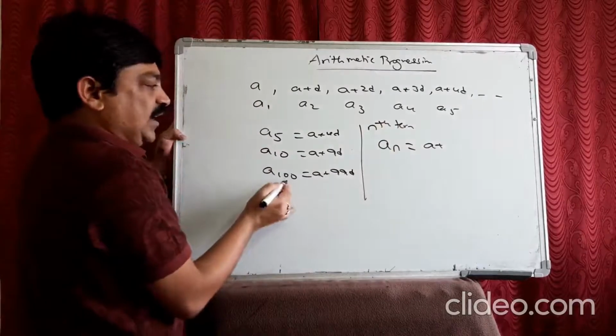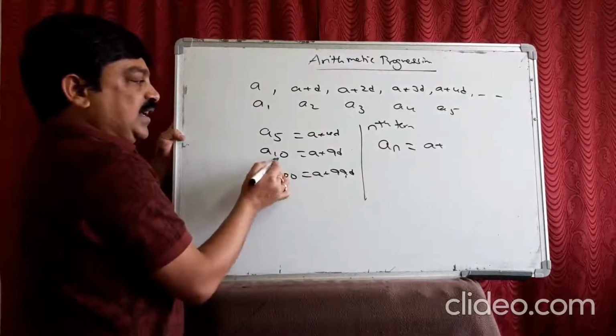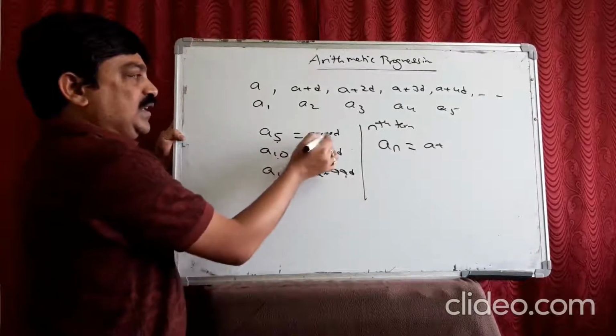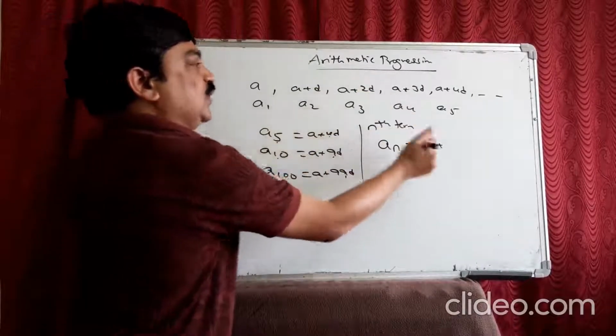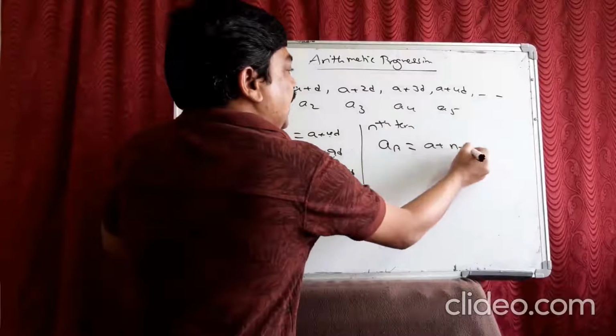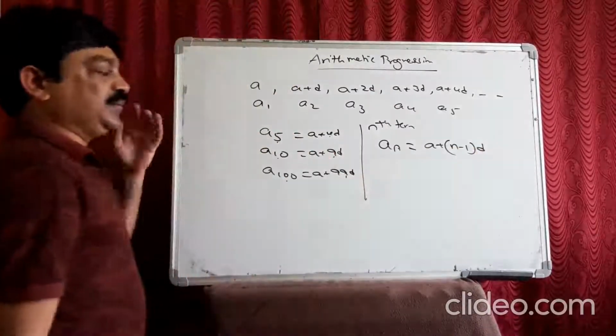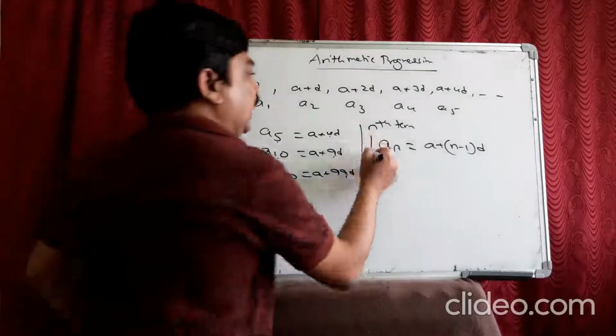If it is 100, it is 99; if it is 10, it is 9; if it is 5, it is 4; if it is 2, it is 1; if it is 3, it is 2. If it is n, it will be n minus 1 into d. This is the basic formula.